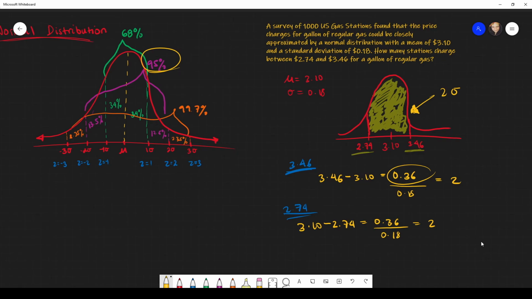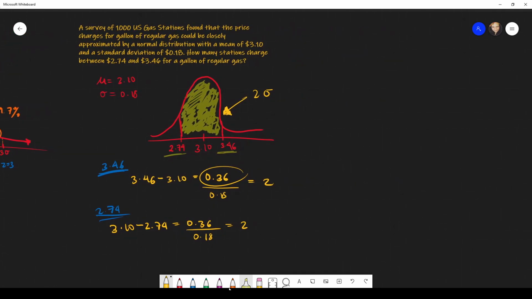So 95% of 1,000 US gas stations charge between 2.74 US dollars and 3.46 US dollars.